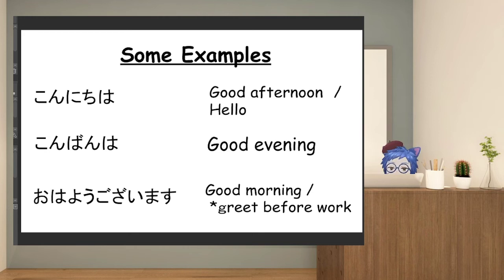If you are working in a Japanese company and you want to greet Japanese people and start out the day, even in the afternoon or at night, it's alright to say ohayo gozaimasu. In this case it doesn't mean good morning. It's a greeting meaning you're here to start your work.